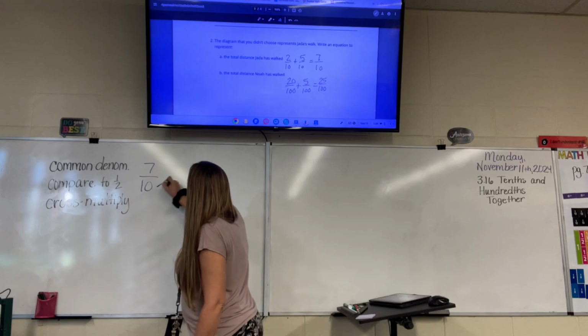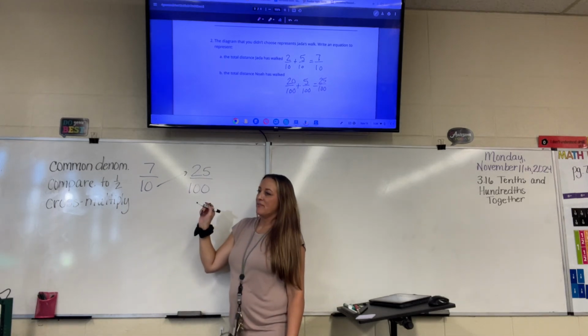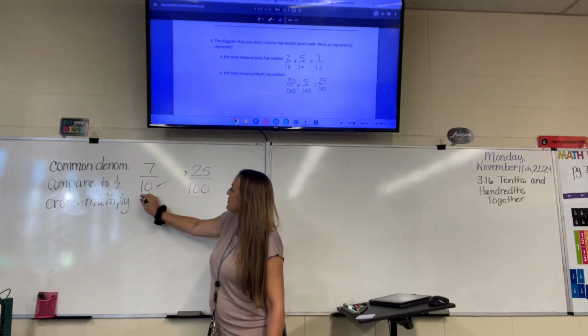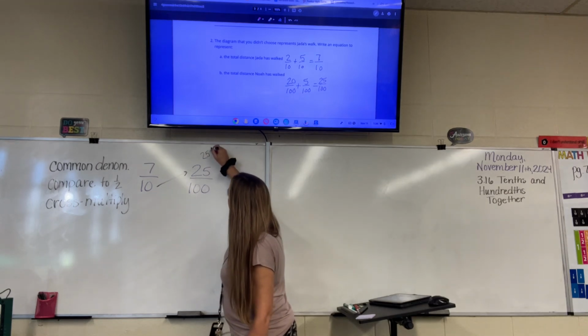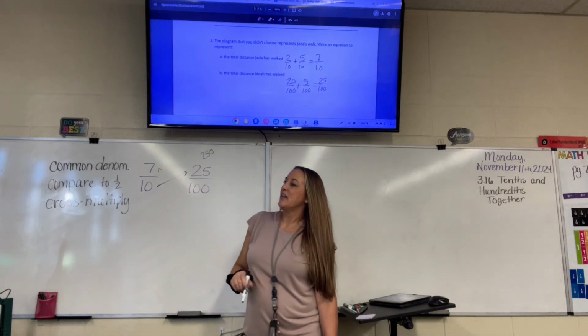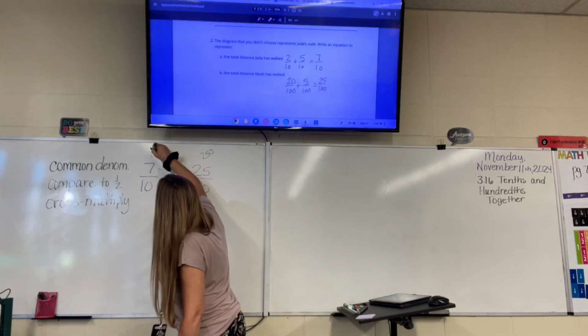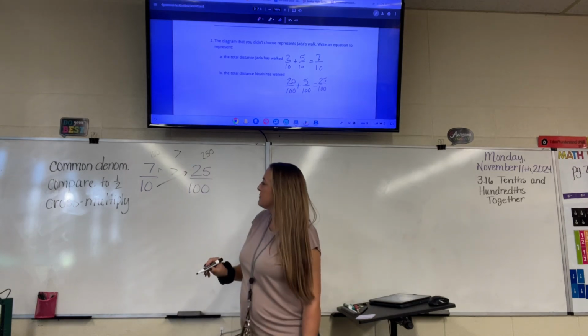Okay, if we cross multiply, what is 10 times 25? 250, because you do 25 times 1 is 25, and then add on the 0. And then what is 100 times 7, Cameron? 700. Nice, yes, 700. And you can see 700 is bigger, so 7/10 is bigger.